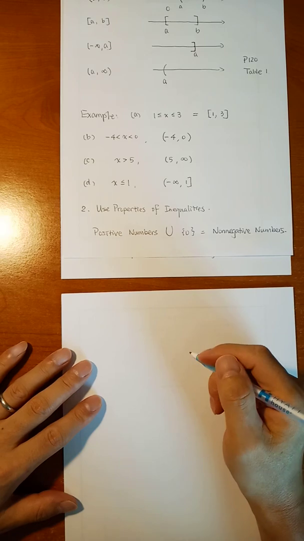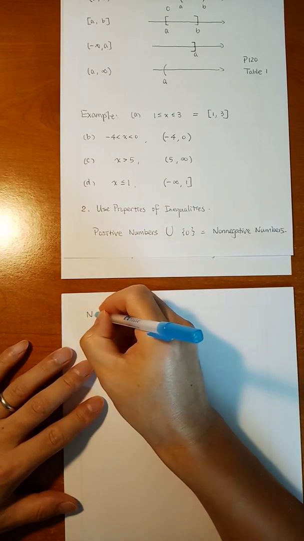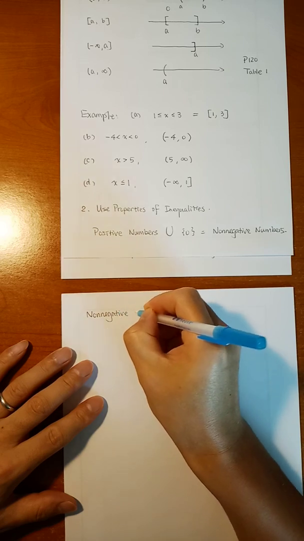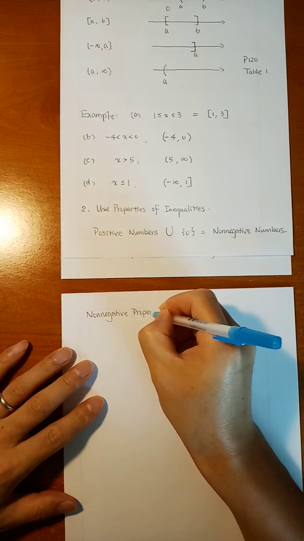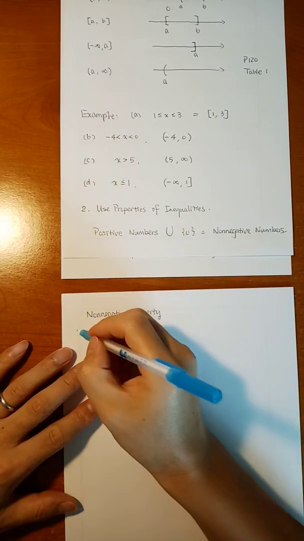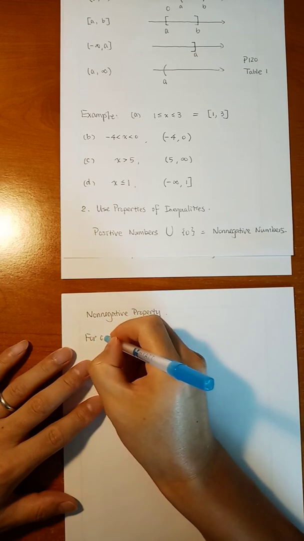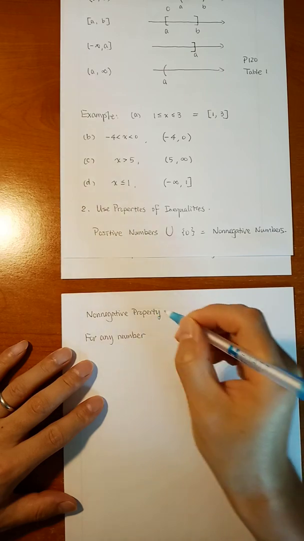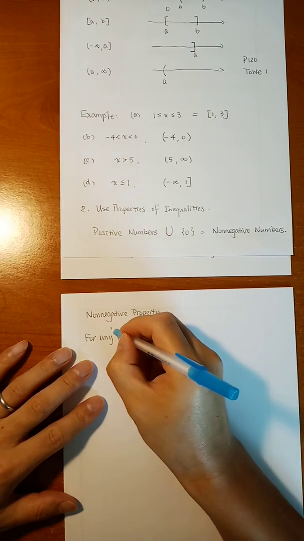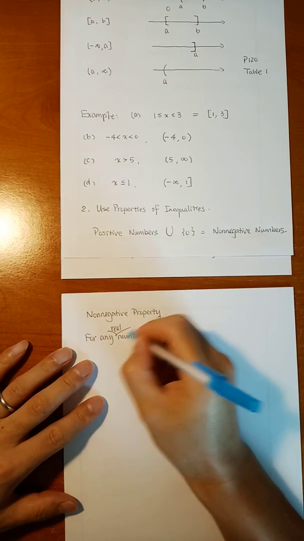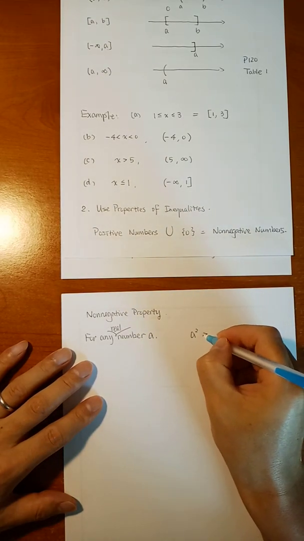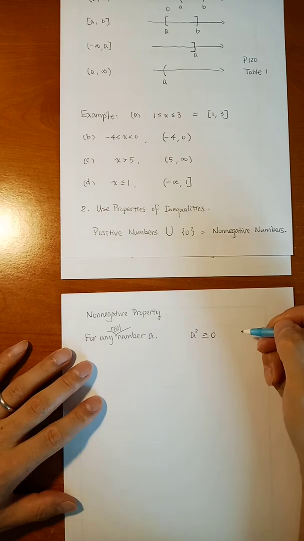The first property for the inequality is the so-called non-negative property. It says for any real number a, and let's emphasize it's a real number, a squared is always greater than or equal to 0.